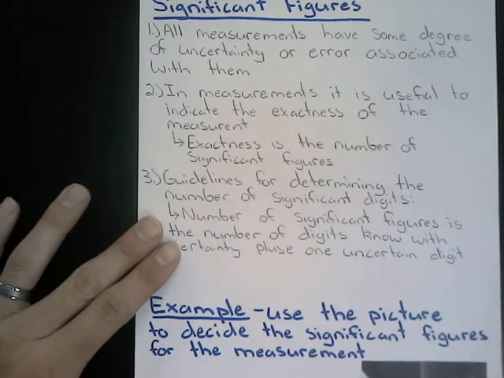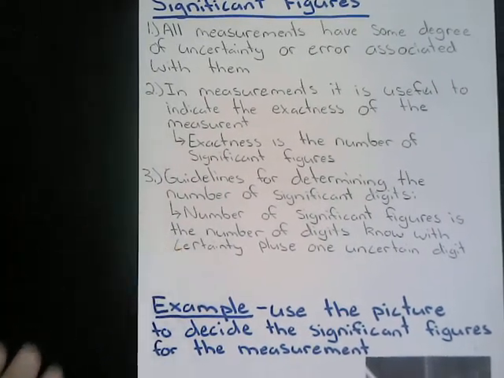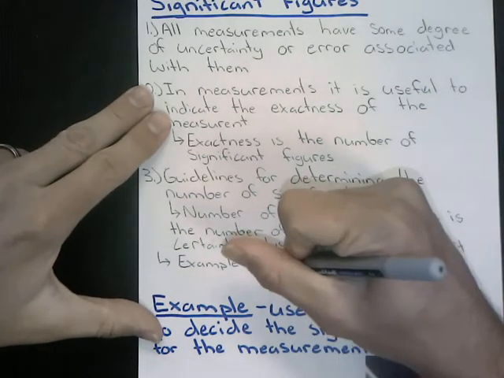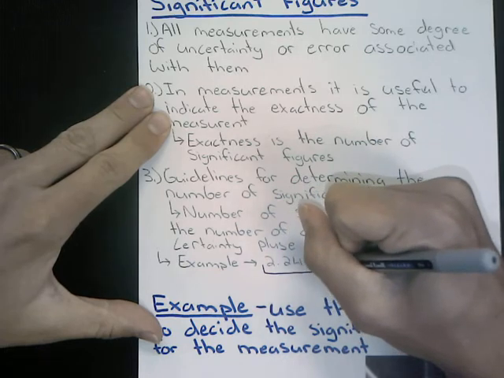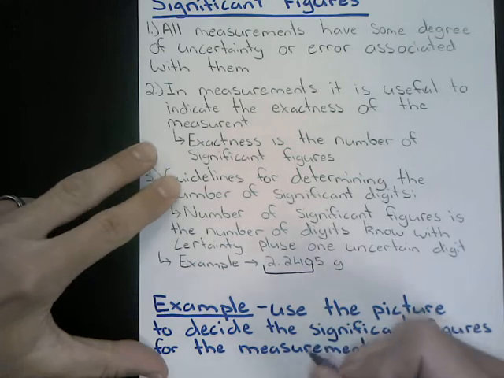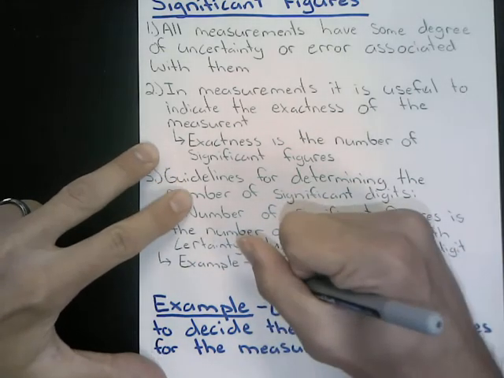A good example of this is a measurement. If we throw something on an analytical balance and it reads out at 2.2405 grams, we know for sure that the mass is 2.240 grams.